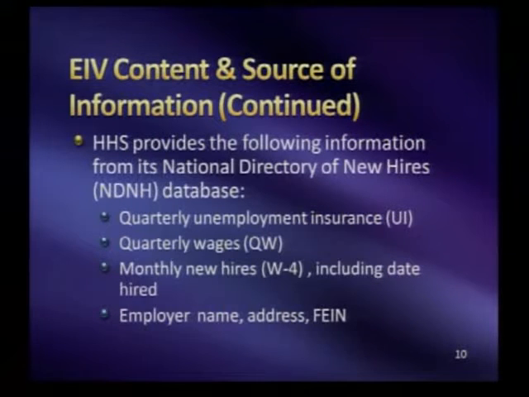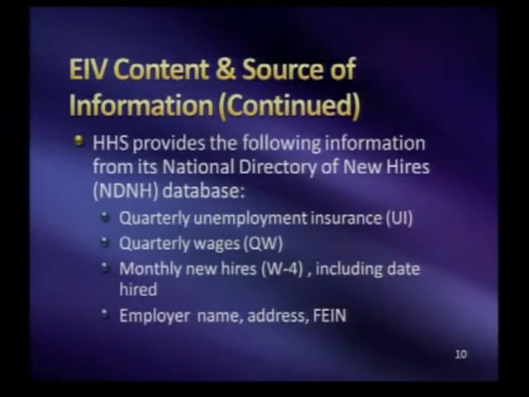They use this information to locate where that non-custodial parent is working so that they can issue the writ of garnishment to collect the child support payments. And so HUD actually obtained statutory authority to access this database so that you, the PHAs, could have access to this information to identify income that you may not be aware of.